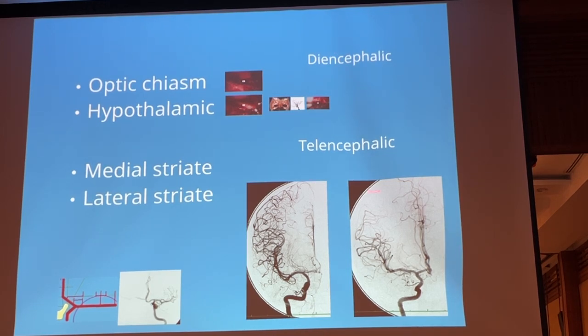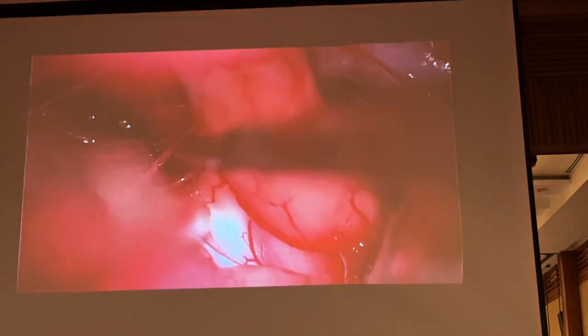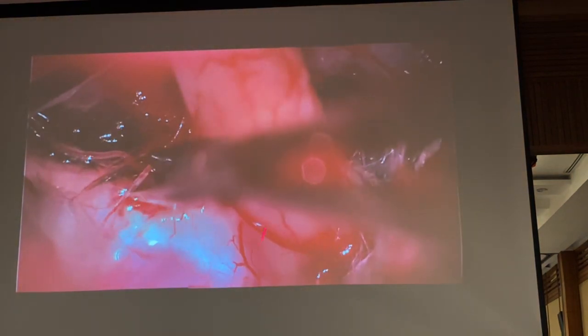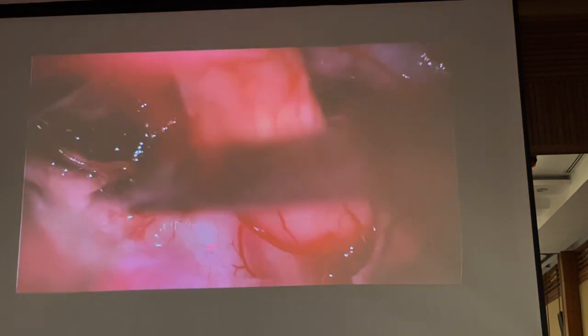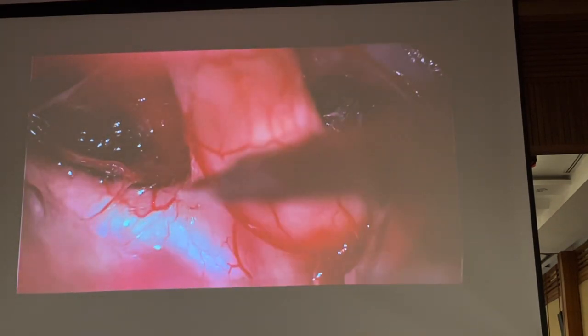And then we've got telencephalic perforators, the medial and the lateral striates that are supplying the basal ganglia. So if we look at the perforators, this is a diencephalic structure, right? The chiasm and the optic nerve. So we've got these very small little perforators that are present on these vessels that are coming off the A1 and A2 junction, supplying that area.